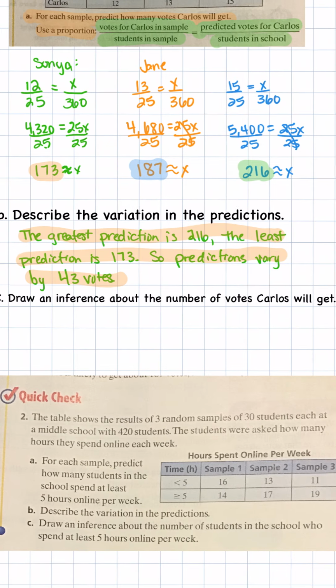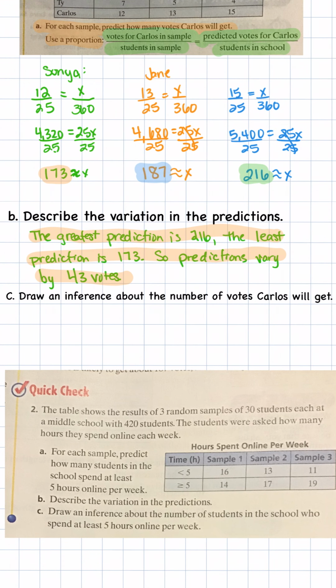Okay, so then it says, draw an inference about the number of votes Carlos will get. So if you were to think about the middle number, that's going to be the median. And the median is oftentimes the number that you'll go with.